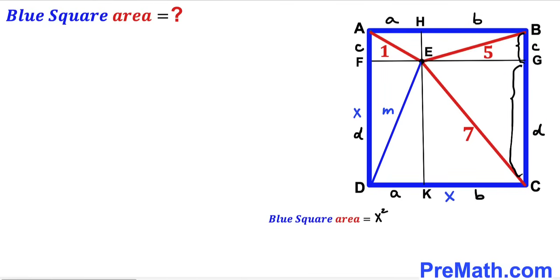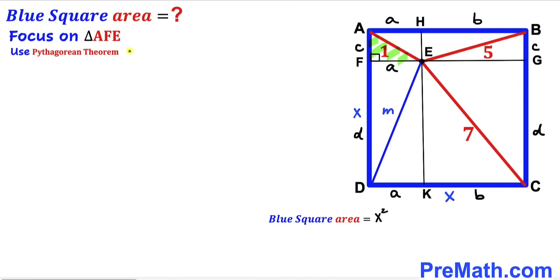Now let's focus on this tiny right triangle AFE, and we can see that this segment length is lowercase a, so this segment length is going to be lowercase a as well. Now we are going to apply the Pythagorean theorem on this triangle: a squared plus b squared equals c squared. In our case, our hypotenuse is 1, whereas our two other legs are a and c.